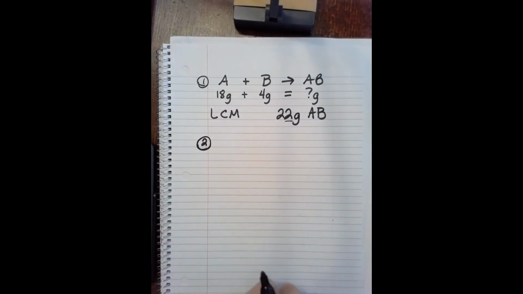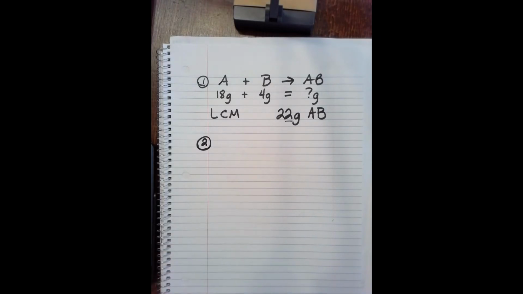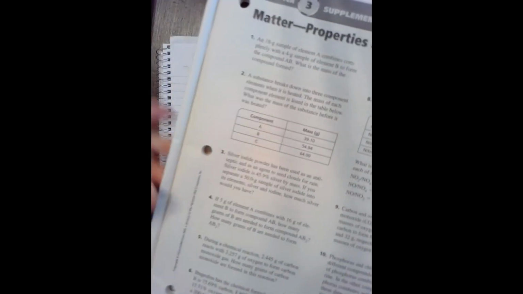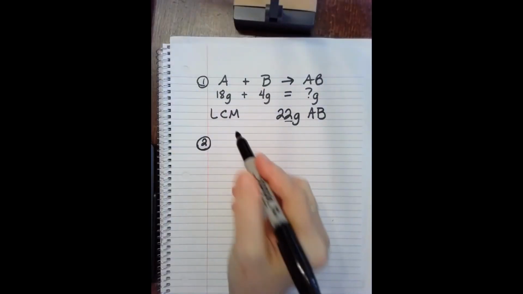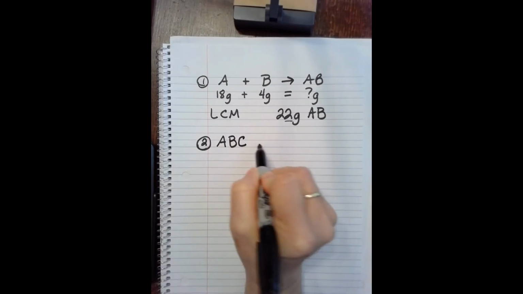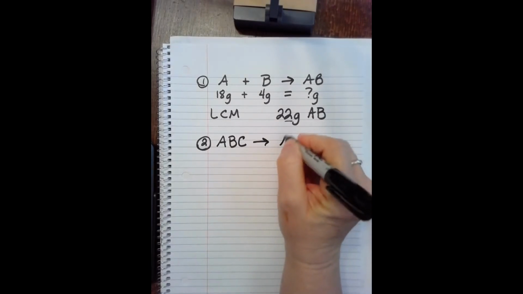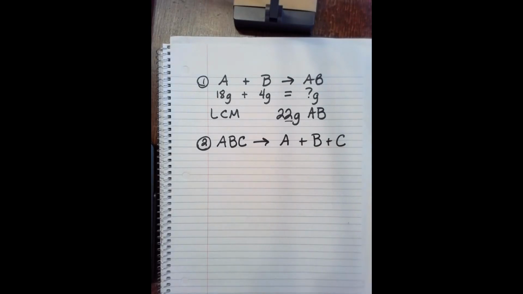All right, so let's look at question number 2. Question number 2 says, a substance breaks down, right? It's listed here as substance, and the components are A, B, and C. So we're actually going to look at it this way. ABC breaks down into A plus B plus C. That is literally the reaction that is happening.